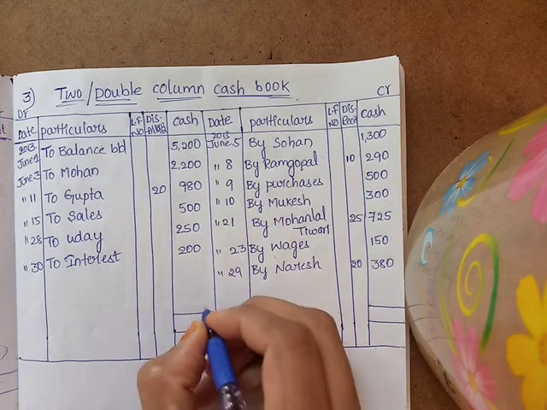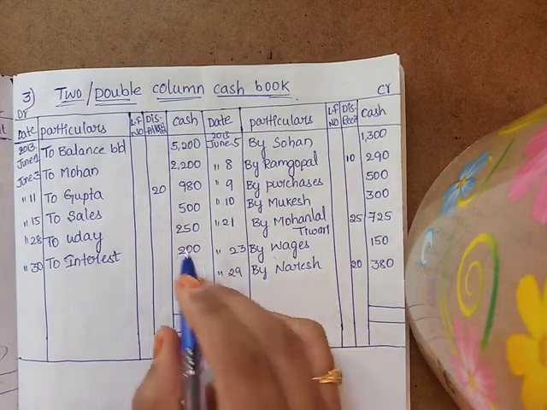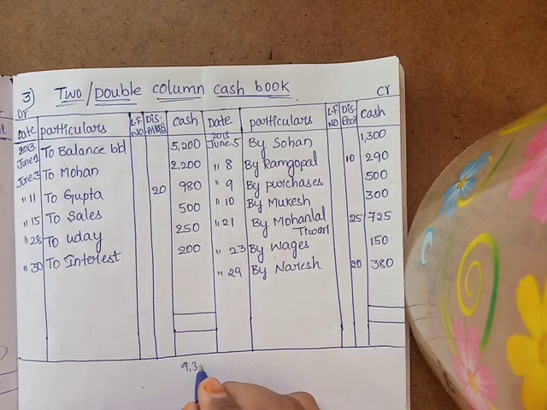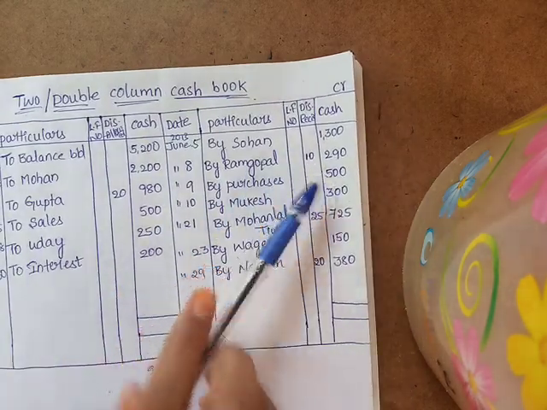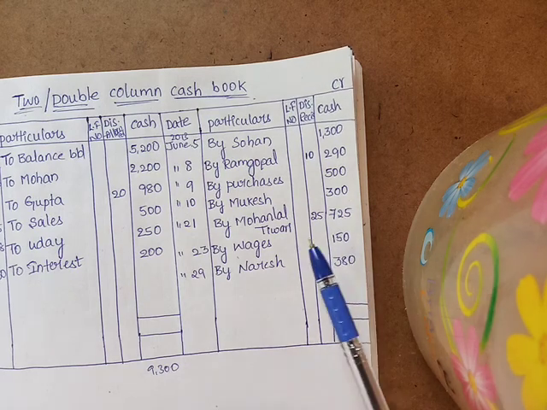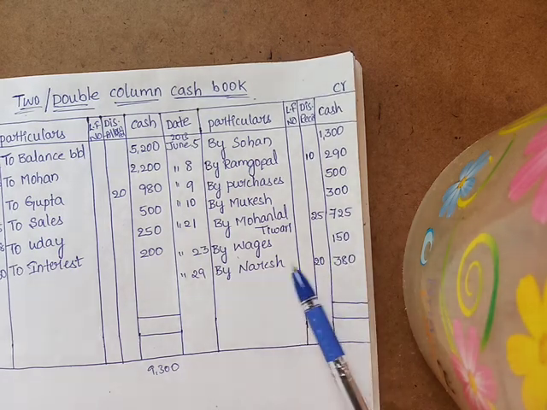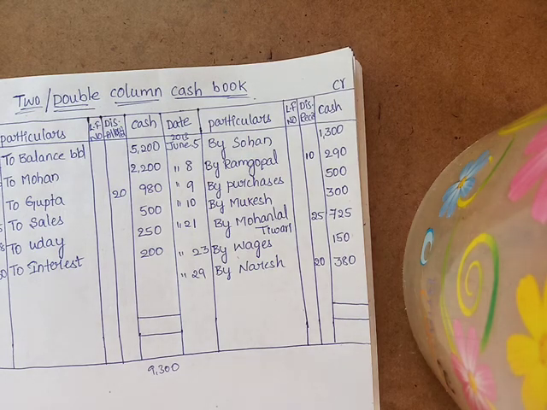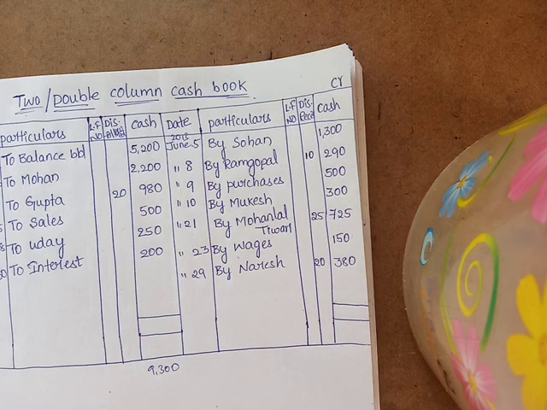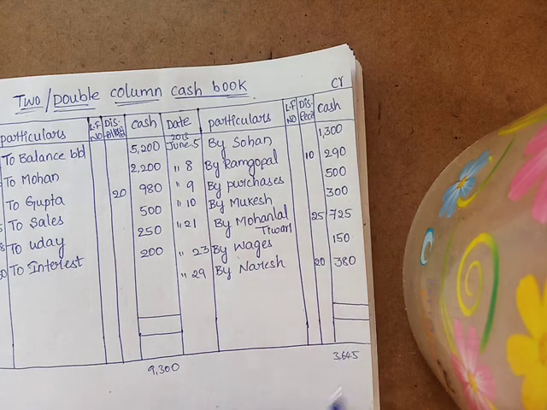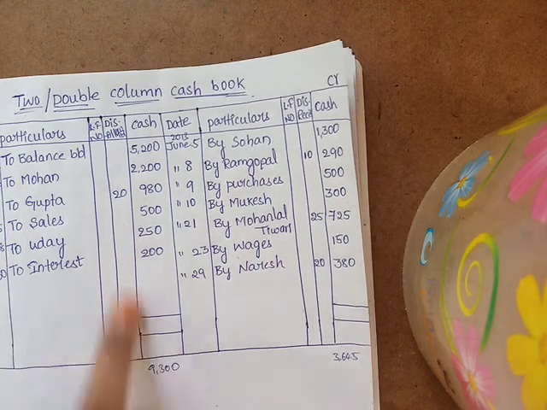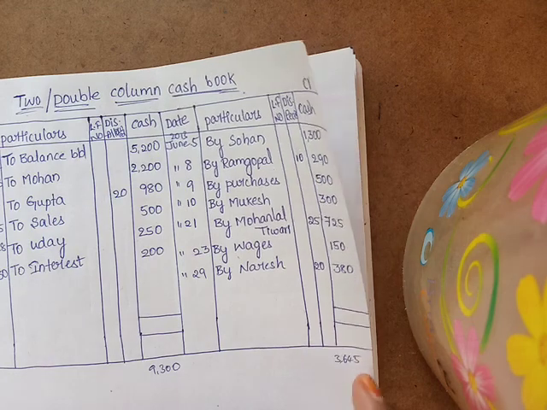So write down, or remember, that the total of the debit side is 9,330 and the credit side is 1,300 plus 290 plus 500 plus 300 plus 725 plus 150 plus 380, how much is it? 3,645. So which side is more? Debit side is more and credit side is less now.